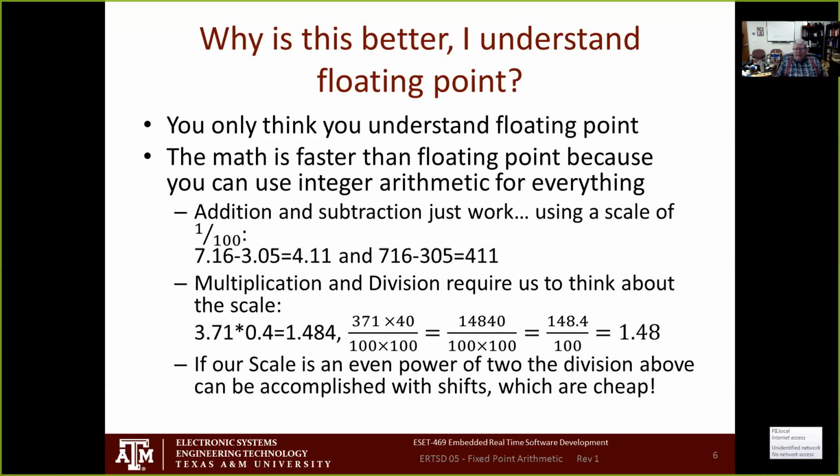Now, the reason that floating point math becomes such a big problem for folks is that floating point math is made to solve a very general problem. The general problem is, I don't know how big or small the number that I'm storing is going to get. I know that I want it to be able to get arbitrarily large and arbitrarily small, and I want to maintain it to a certain number of decimal points.